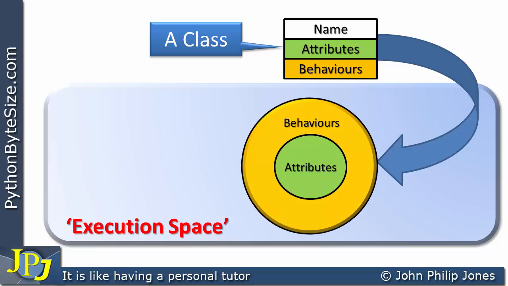And you can see that I like to think of my objects as being circular, and in the center we have the attributes, and surrounding the center we have the behaviors, which we can talk of as being methods. But we're going to come back to this in later videos.